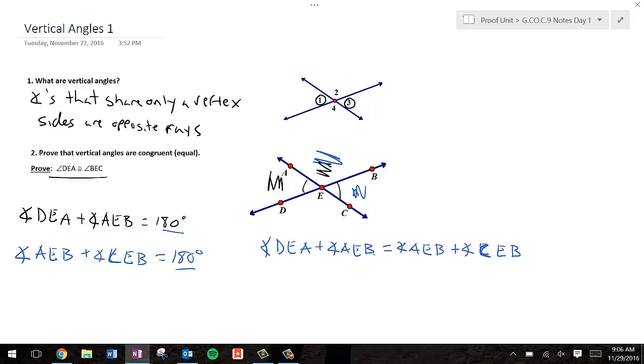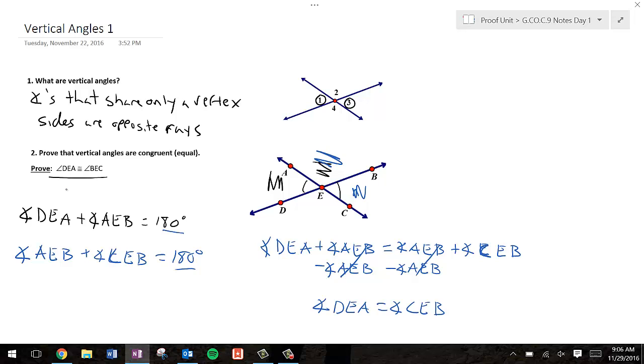Now, if I notice on the left and the right side, I can subtract angle AEB on both sides, and those are going to cancel out, leaving me with angle DEA equal to angle CEB, which is exactly what we were looking for up at the beginning.